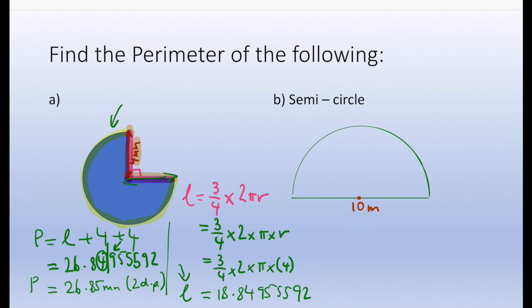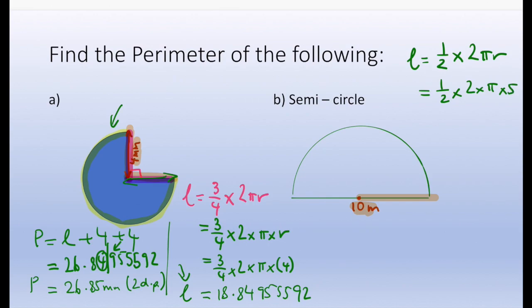All right, I'm going to quickly do the semicircle. Now, the semicircle is what part of a circle? It is half of a circle, and remember, of means times. So I'm going to go times our perimeter of a circle, and I'm just going to pop everything in. Now, our radius is from the middle to the edge, so it's going to be half of this 10, which is 5.